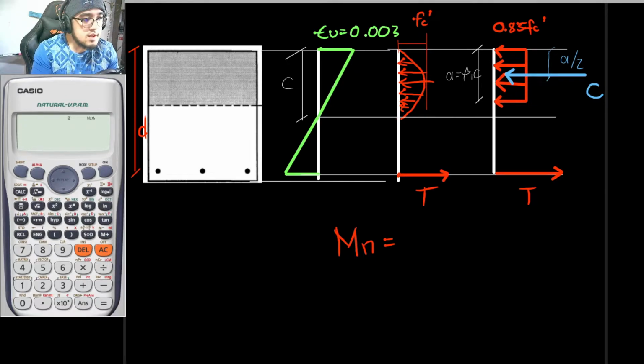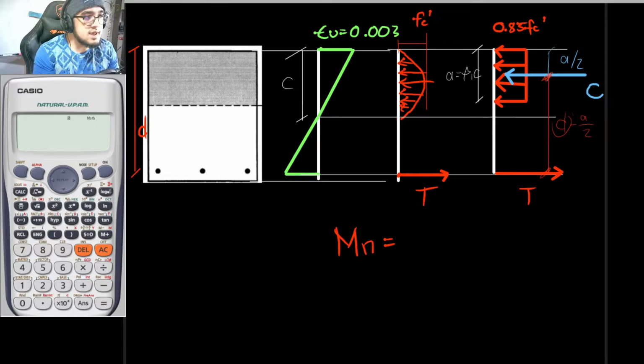Meaning that this particular dimension is D minus A over 2. Once again guys, from the topmost fiber up until the centroid of your steel, that is D, and if you subtract this much, which is A over 2, from this point up until the centroid of your steel, that is D minus A over 2.